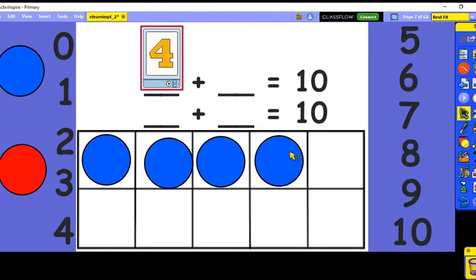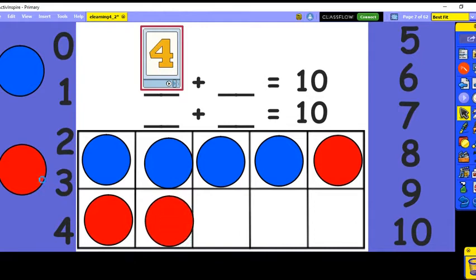Now, how many more to get to 10? If we look at the empty spaces on our tens frame, then we can see how many add up to make 10. So let's see, we've got 4. 1, 2, 3, 4, 5, 6 empty spaces.